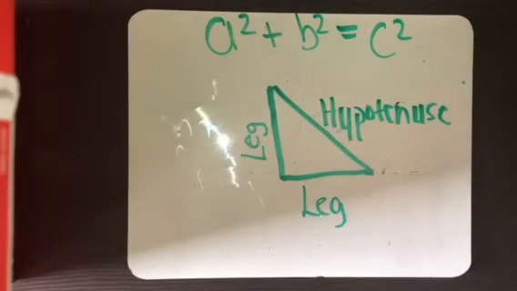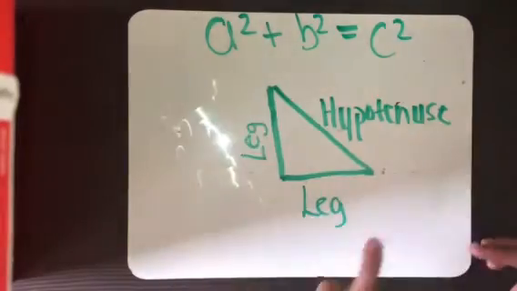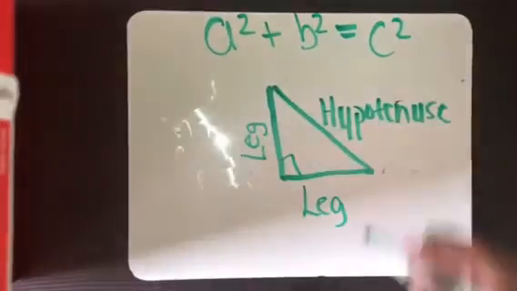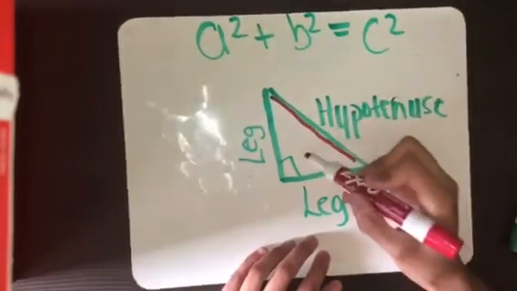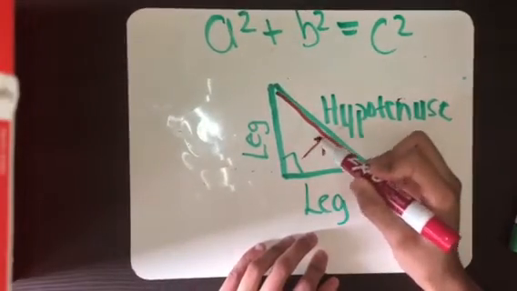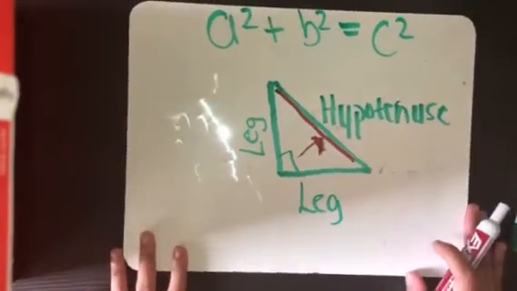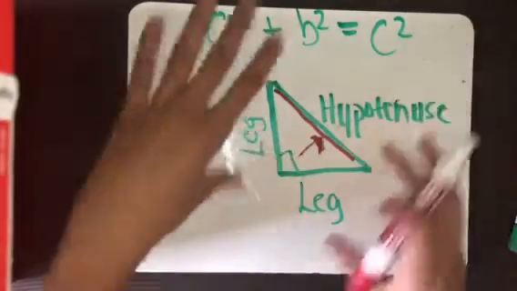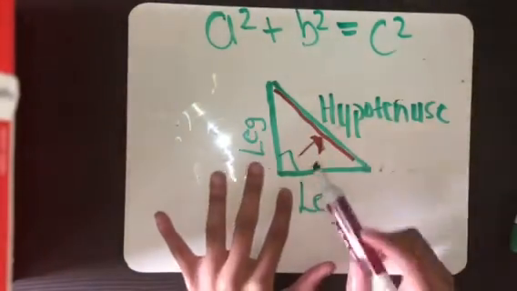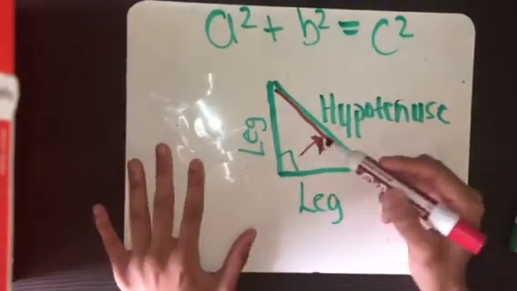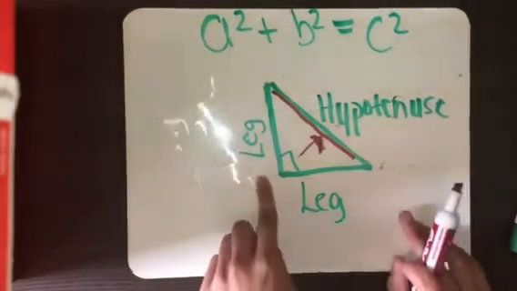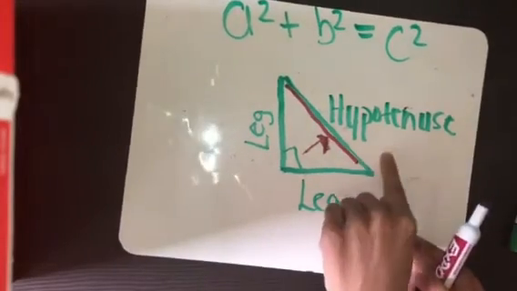You can say the hypo, you can say hippopotamus. I don't care what you say, as long as you know that the hypotenuse is always the diagonal side, and it's basically the side across from the right angle. Please remember that, because sometimes they'll try to trick you and they'll flip the right triangle other ways. Just know that it is the diagonal, or it's just basically the one across from the right angle, all right? So this is a leg, hypotenuse, all right?